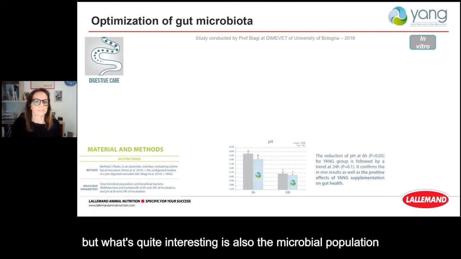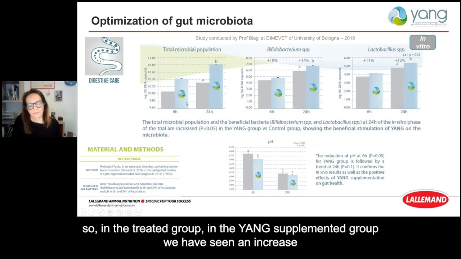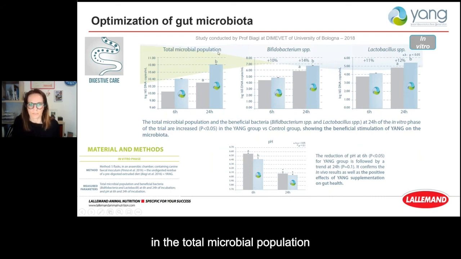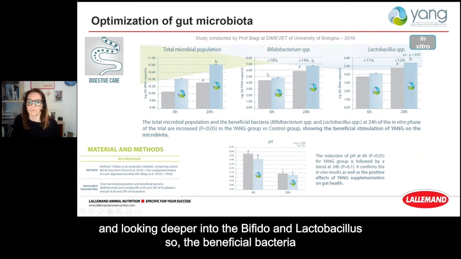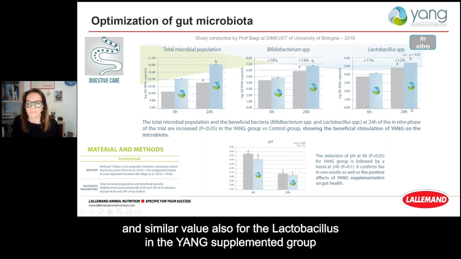But what is quite interesting is also the microbial population. In the treated group, the Young supplemented group, we have seen an increase in the total microbial population. Looking deeper into the bifidobacteria and lactobacilli, the beneficial bacteria, we have seen an increase of 10 and 14% after 24 hours, and a similar value also for the lactobacilli in the Young supplemented group.